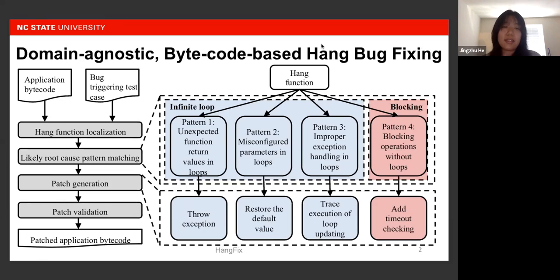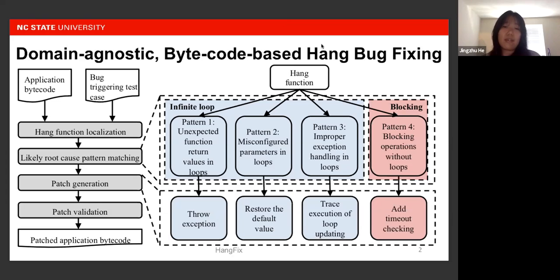Hang Fix consists of 4 steps. The first step is hang function localization. Hang Fix leverages the stack traces to pinpoint the hang function. The next step is likely root cause pattern matching. Hang Fix matches the hang bug to a set of commonly seen root cause patterns.